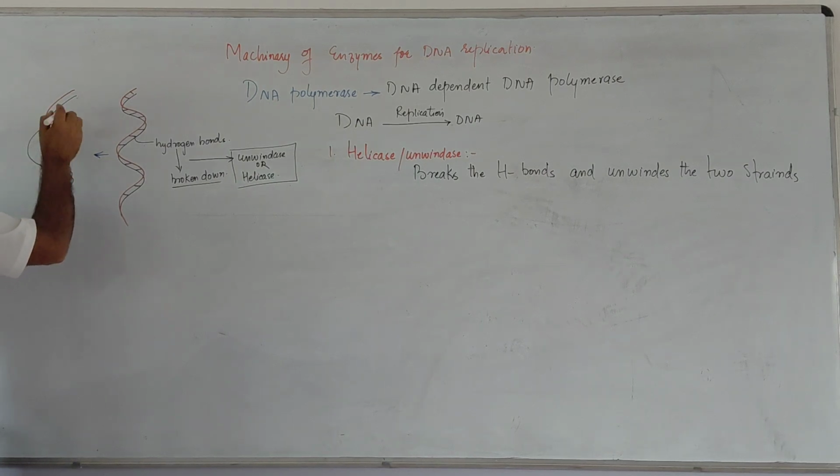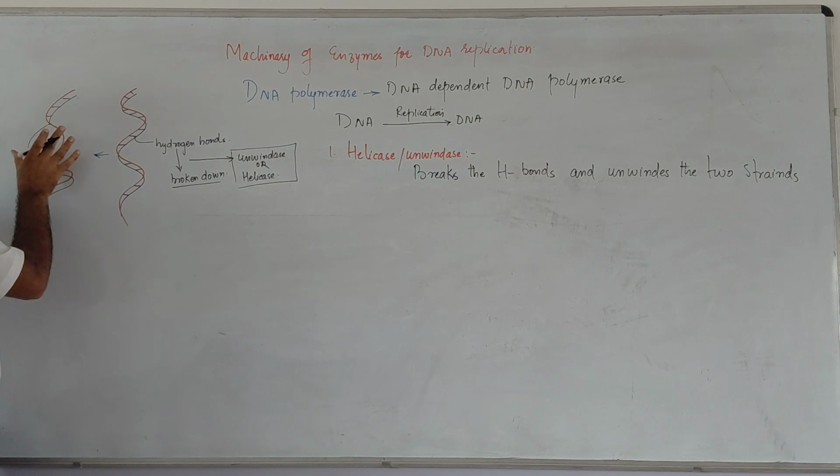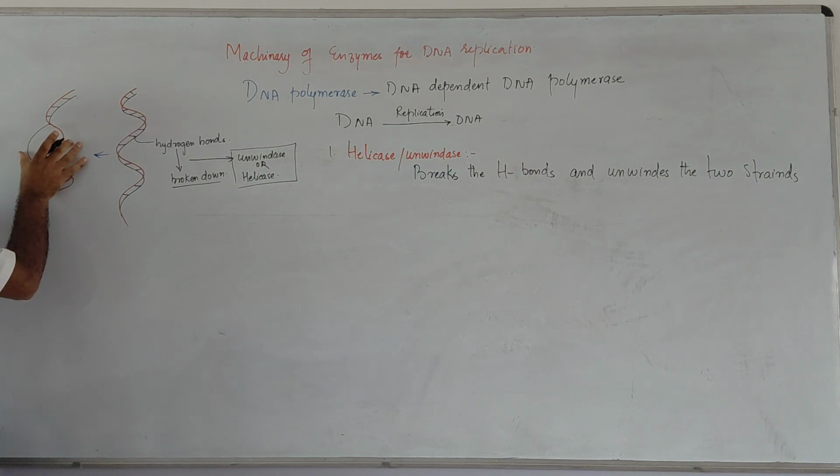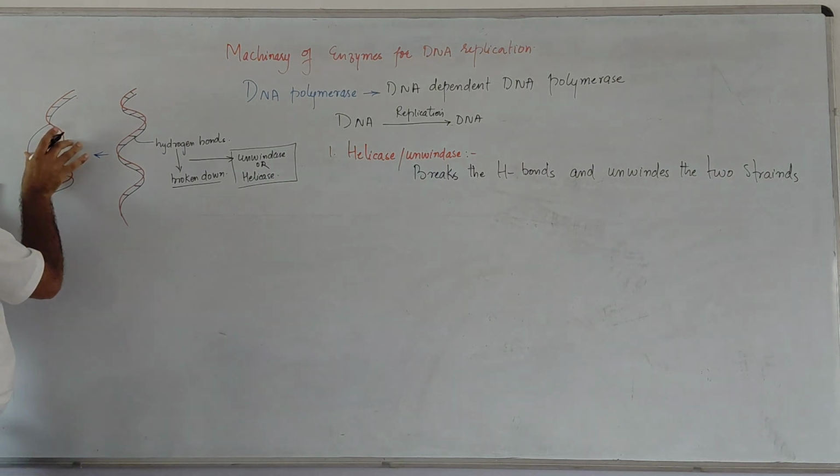Here there are hydrogen bonds, but into this part there are no hydrogen bonds. There will be a tension of recoiling, because the coil has been unwound by the helicase. Now these two strands will be in tension to recoil.